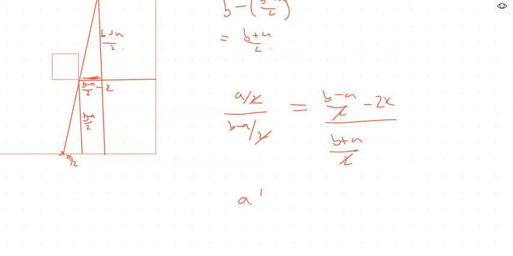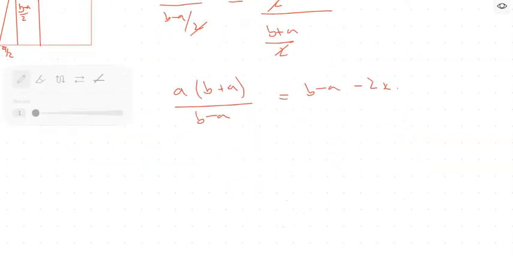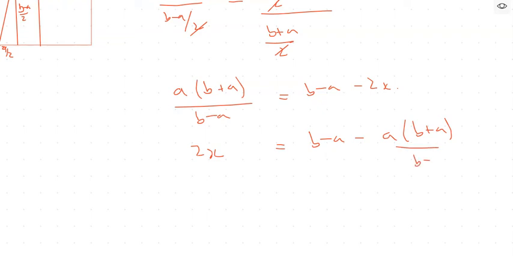And then I can multiply by (A plus B). (B minus A) equals (B minus A) minus 2X. So 2X equals (B minus A) minus A(B plus A) over (B minus A). And let's make that a single fraction. So we've got (B minus A) all squared minus A, that.